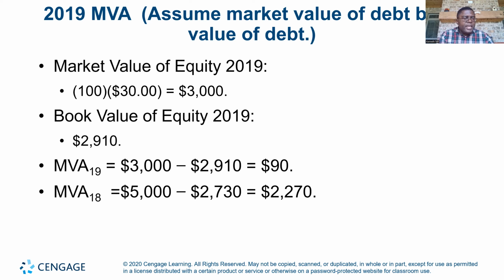And we have seen three performance measures: the return on invested capital and how to calculate it, the market value added, and the economic value added. So that brings us to the end of chapter 2.